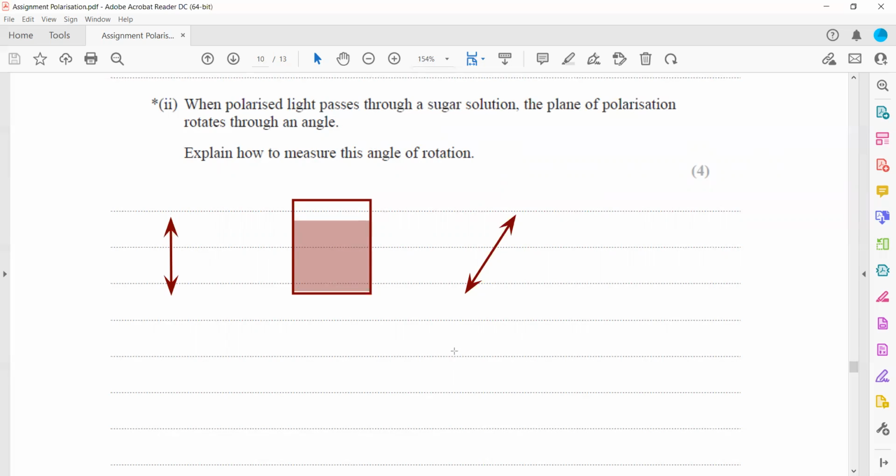It rotates the polarized light either clockwise or anti-clockwise. A higher concentration means greater rotation. So how can we use it to work out the concentration of a sugar solution?